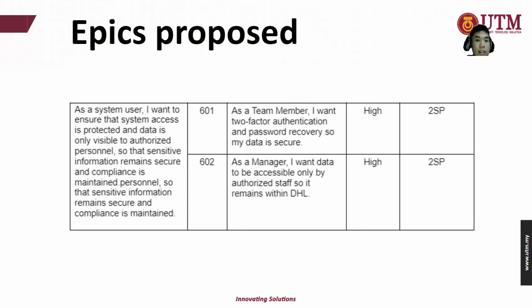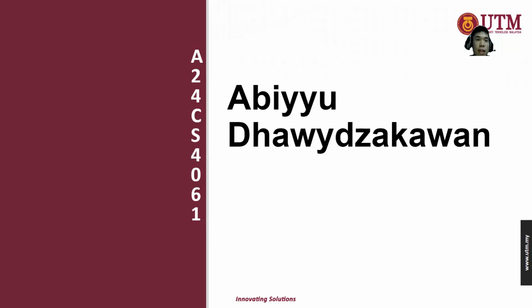And last but not least, for Epic 6, we created two-factor authentication and password recovery so that the user can ensure that the system is protected and data is only visible to authorized personnel. Therefore, sensitive information remains secure and compliance is maintained. So that's all from our epic proposal.